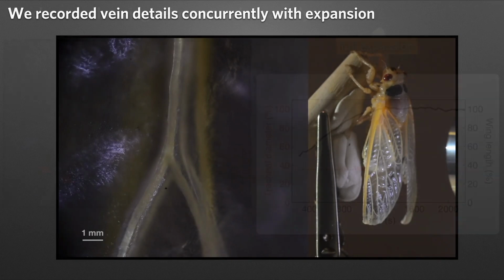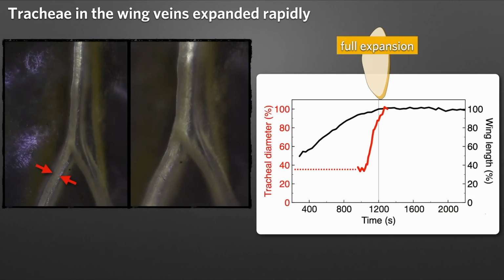In this plot, we have tracheal diameter in the vein in red, and in black, we have the wing length. We can see when the wing reaches its full expansion point, so that's here at 100%. And if we now look at the tracheal diameter, going from this point A to this point B, we see a very rapid expansion of the tracheal tube within the vein there.